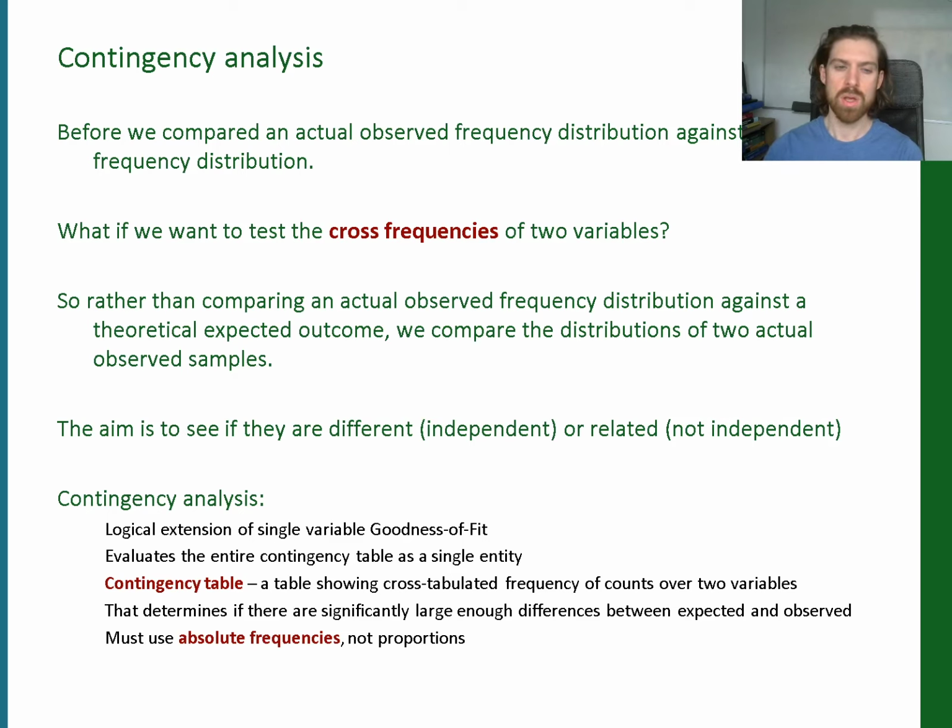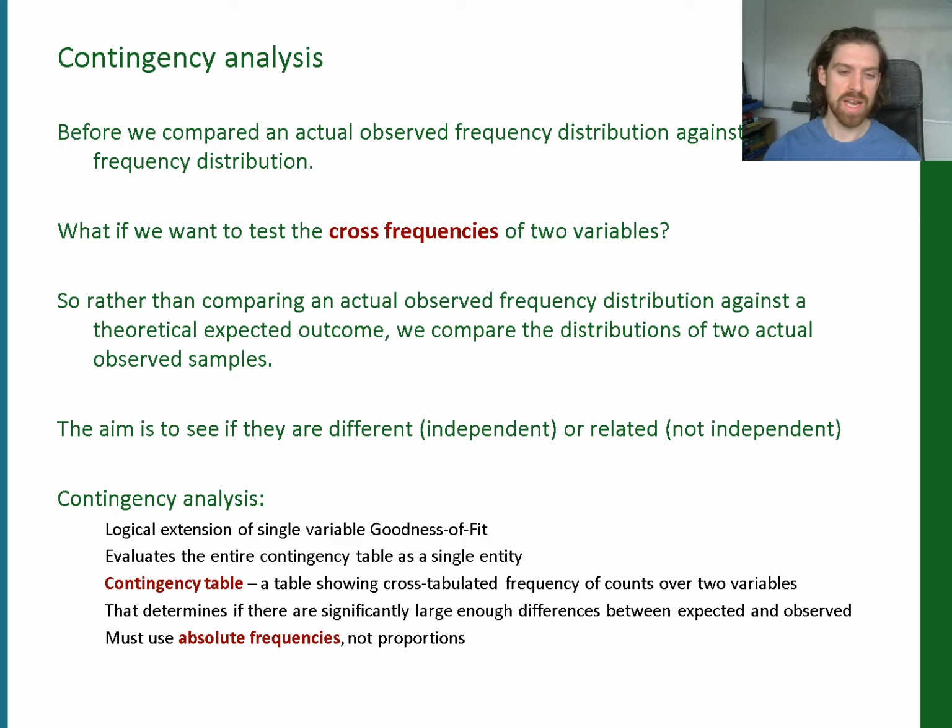Okay. So the question is, what if we want to test cross frequencies for two different variables? Before we were just focusing on a single variable against a theoretical distribution. Here we're interested in comparing two actual data distributions that we collected. So the aim is to see if they are independent, so occurring separately, or if they're actually related, so not independent.